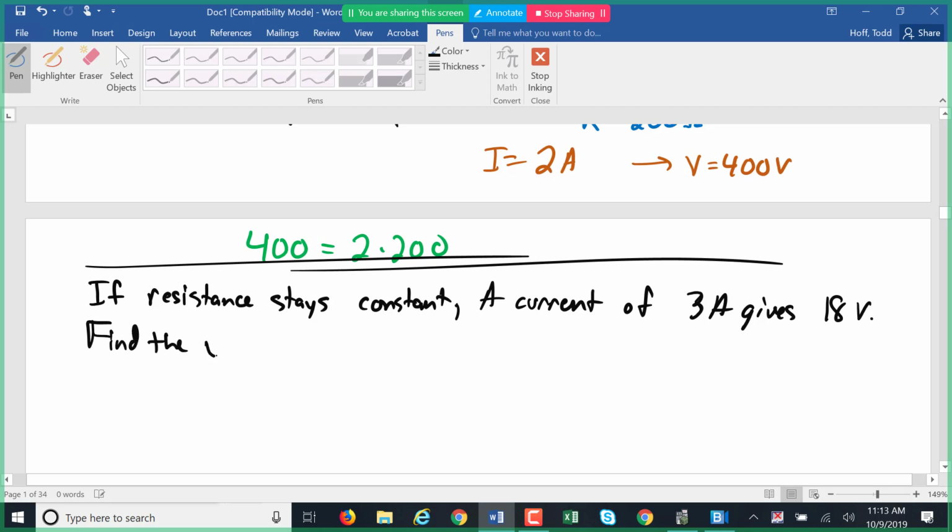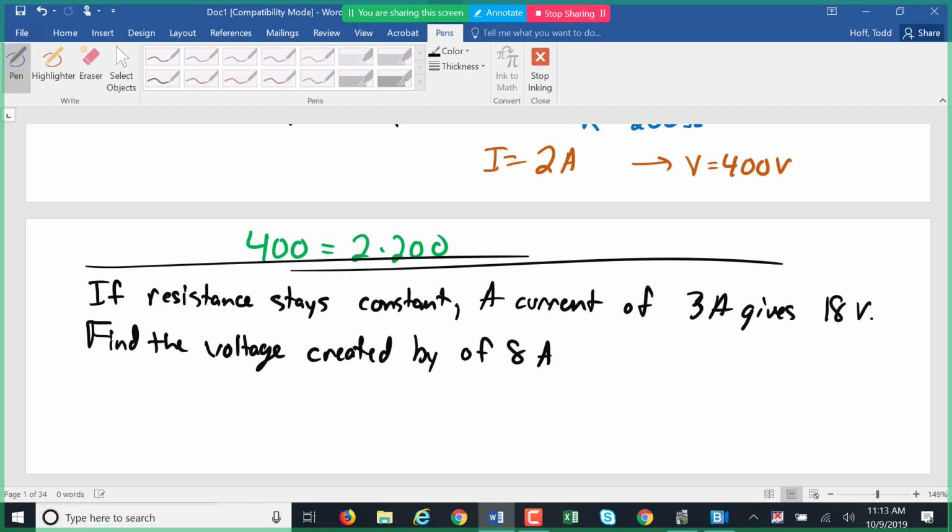Find the voltage created by a current of 8 amps.